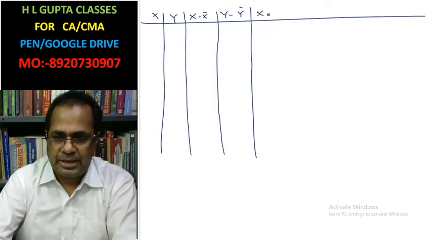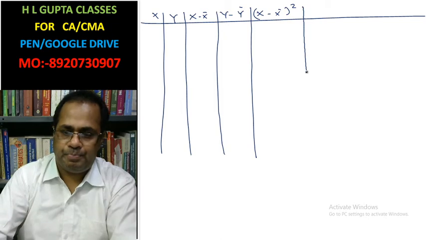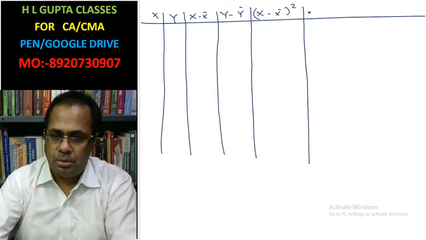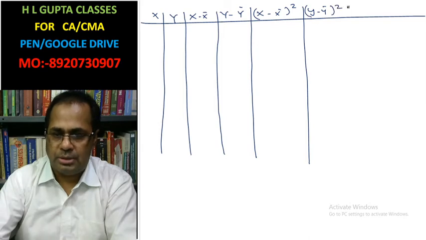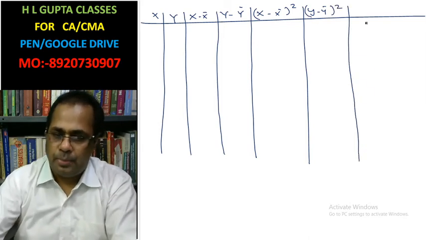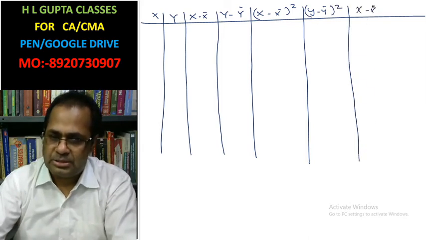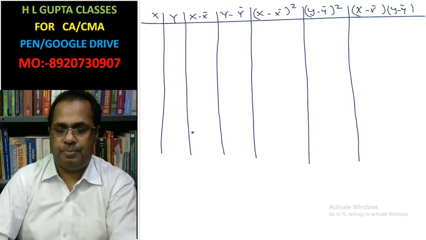Then calculate (x minus x bar) whole square and (y minus y bar) whole square. Then calculate (x minus x bar) into (y minus y bar).